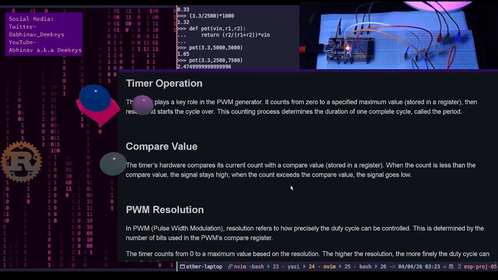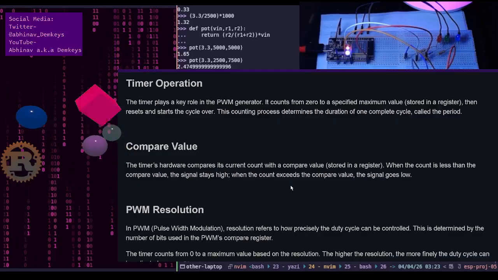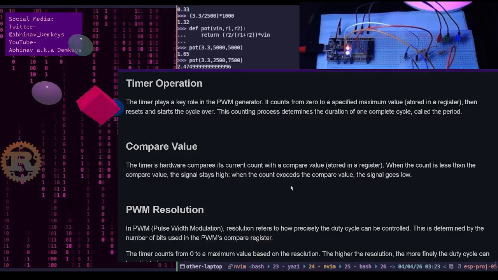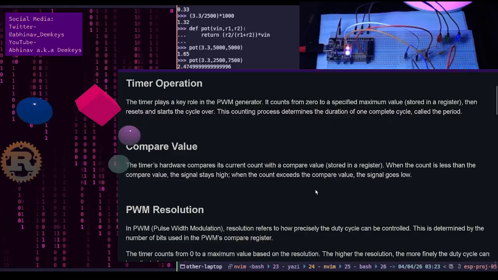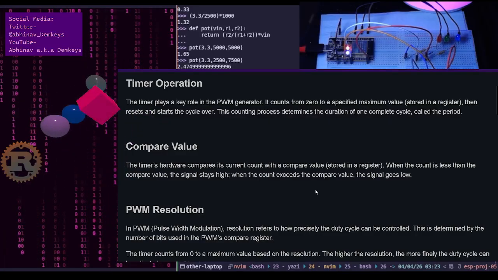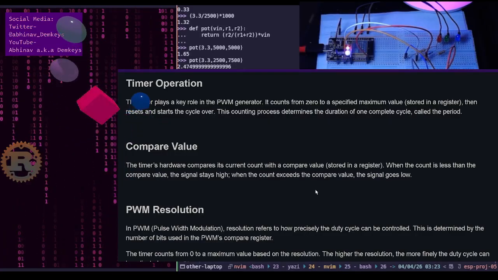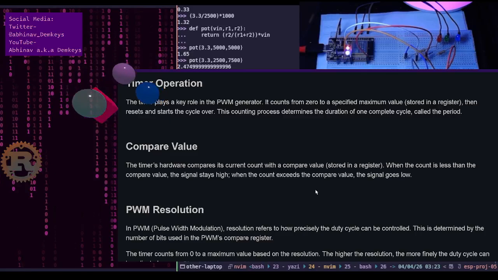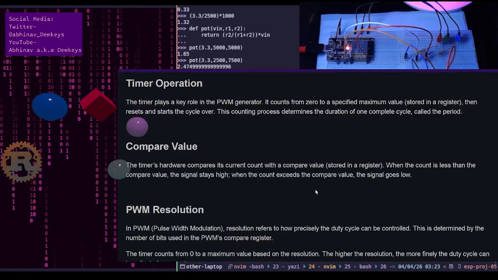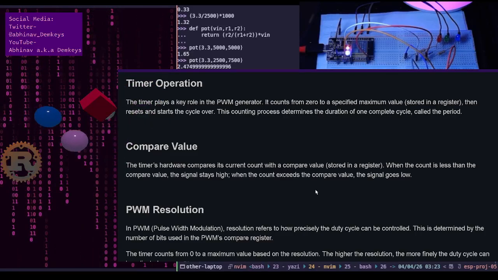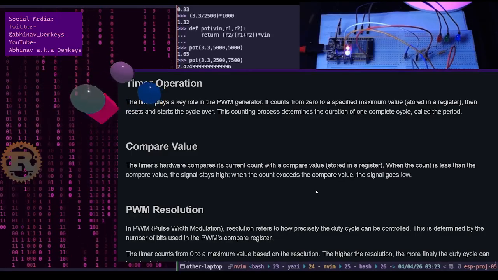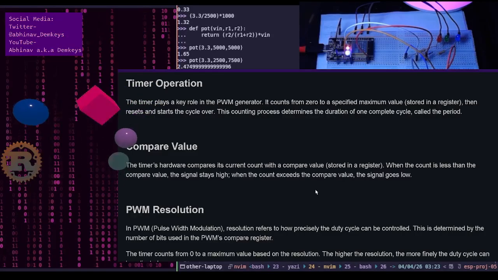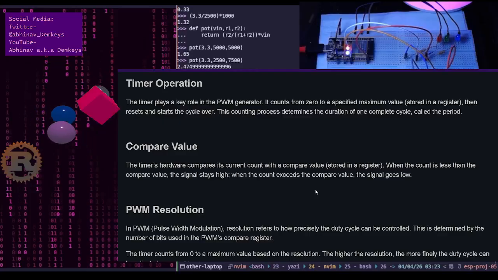So how does that logic fit into this? Okay, the counting process determines the duration. How are you specifying the period if the counting process is determining the duration? I'm kind of confused about that. Okay, compare value. The timer's hardware, hold on.